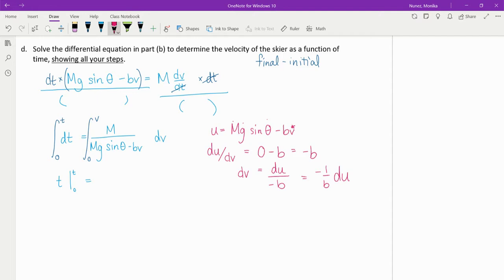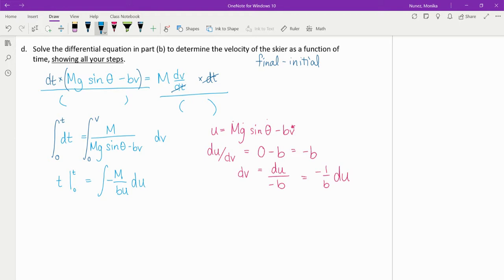I'm going to plug that into my expression over here. So I'll have the integral of m times negative 1 over b du. Oh, I forgot the u down here. That u is what took the place of the mg sine theta minus bv.